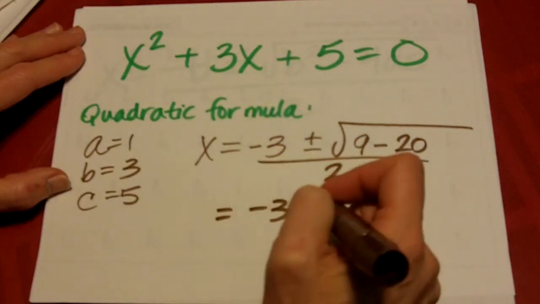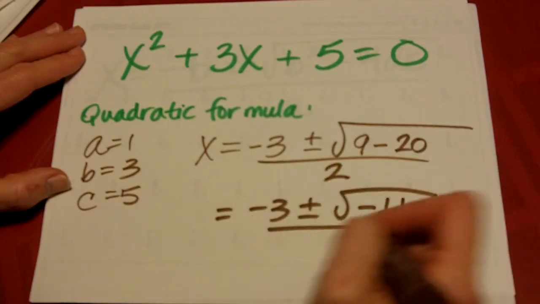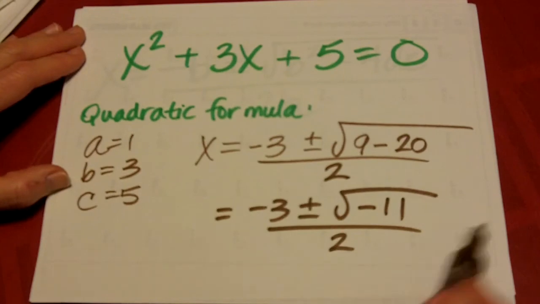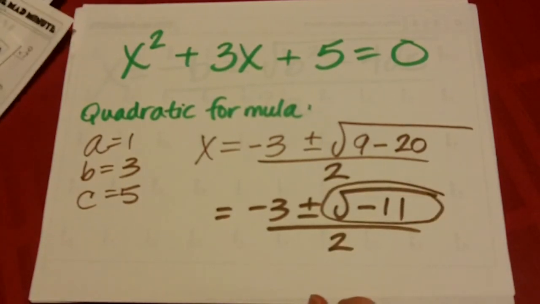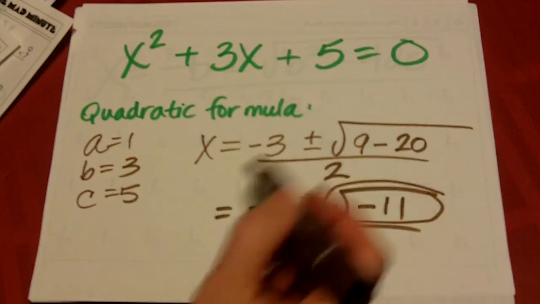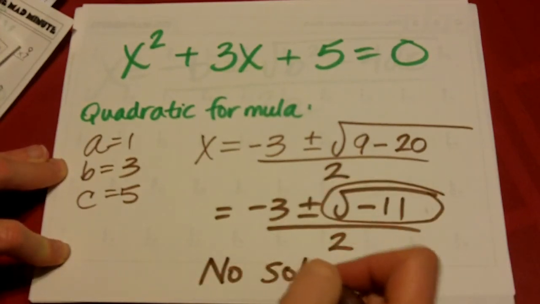So we get negative 3 plus or minus the square root of negative 11 divided by 2. Okay, now we've learned that we can't take the square root of a negative 11. Okay, that's an imaginary number. So therefore, this whole thing becomes no solution for x.